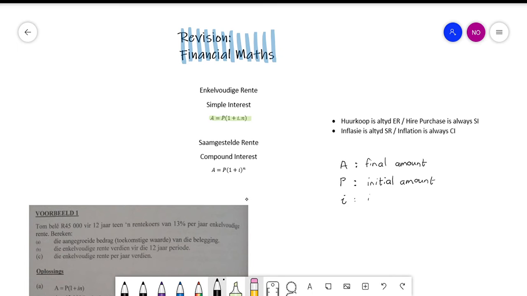I is the interest rate. En onthou jy kan hom as 'n desimaal of 'n persentasie gebruik. En N is tydperk in jare.